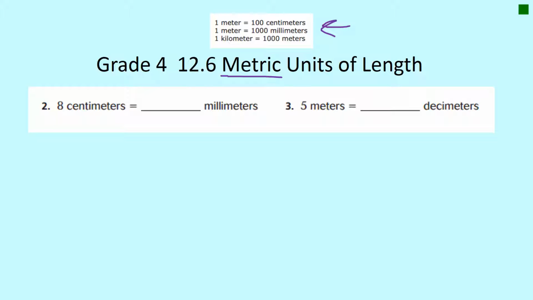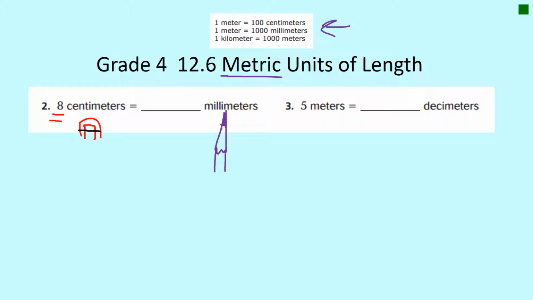Have you guys looked at a meter stick at school? You know that a centimeter is about, let's say that's your pinky, and that's your pinky nail. A centimeter is about that far across your pinky nail. And a millimeter, let's say this is your pencil, and there's the lead at the end of your pencil.